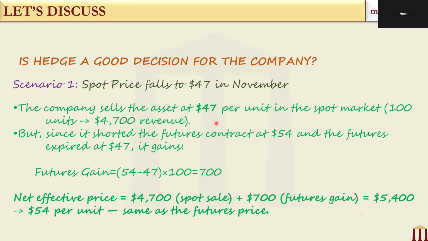Although we have explained this using futures, although the annotations are there using futures, to start with I used the forward part first so that you can understand it without any kind of complications. And then comes the futures into the picture, because futures contracts generally are settled via offsetting, not via delivery. So you get the same gain, the $700 of gain in the futures position.